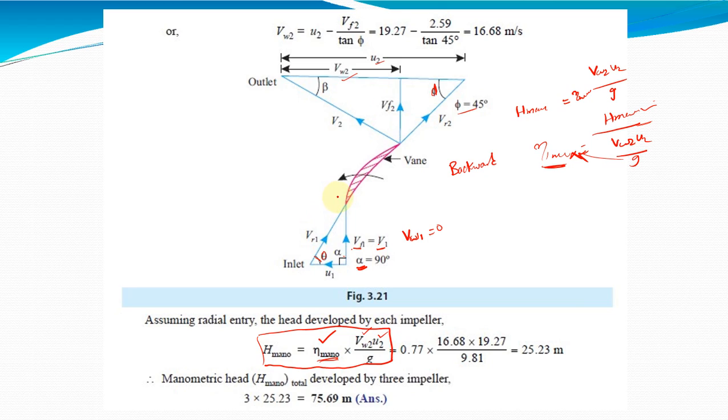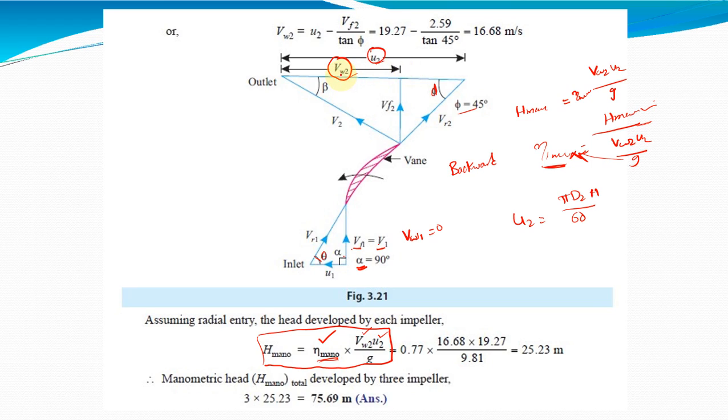So how do we calculate these two things from the velocity triangles? See here, you want this VW2 component and this U2 component. Calculation of U2 is simple: U2 is equal to pi d2 n by 60. Very simply, you can calculate this.